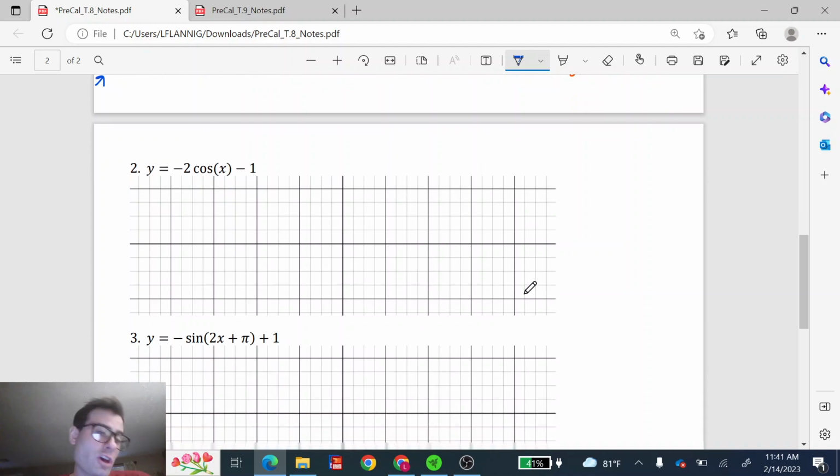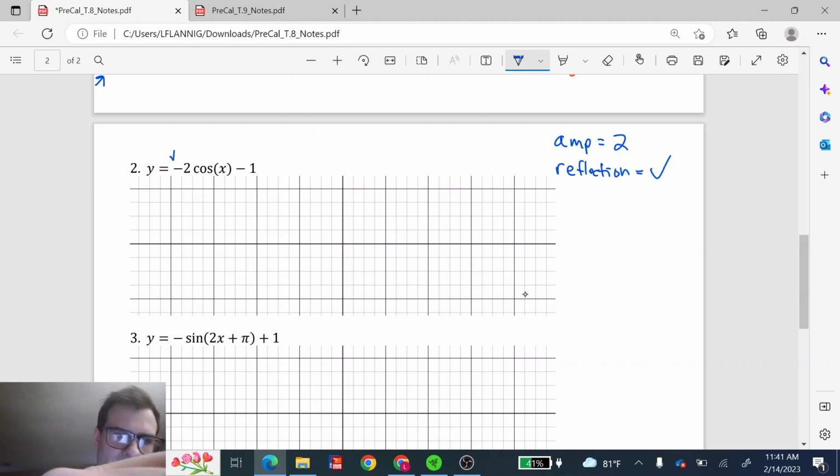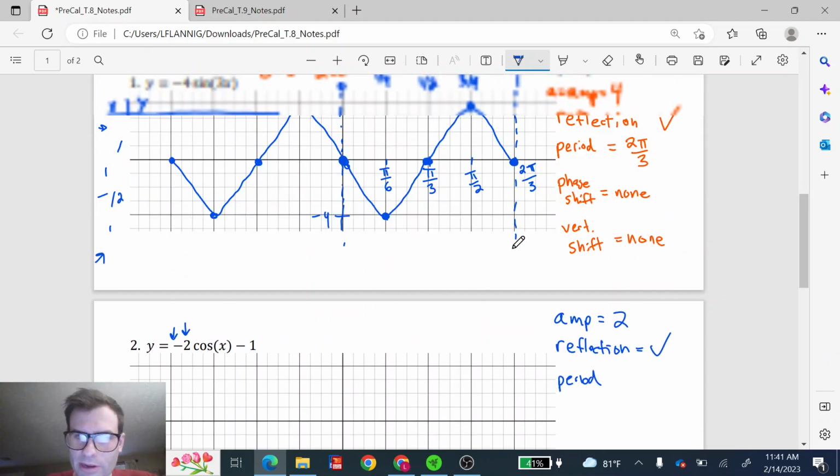So now we have a cosine. Again, very similar to the sine portion of it. So we want to do amp first. What's the amp here? The amp is 2. There is a reflection because of the negative here. The A is 2. And we know the period is always 2 pi over b, as we did right here.